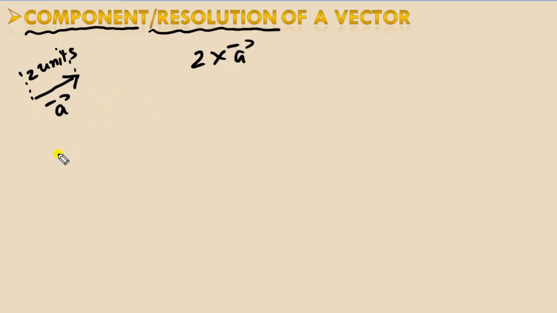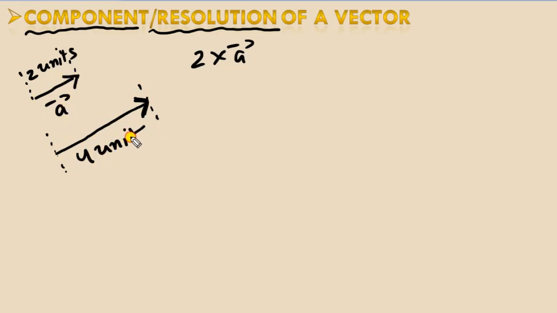2 times vector A would be a vector which has the same direction as that of vector A, but magnitude twice that of the magnitude of vector A. So 2 times vector A is this vector, which is directed along the same direction as that of vector A, but having magnitude 4 units.